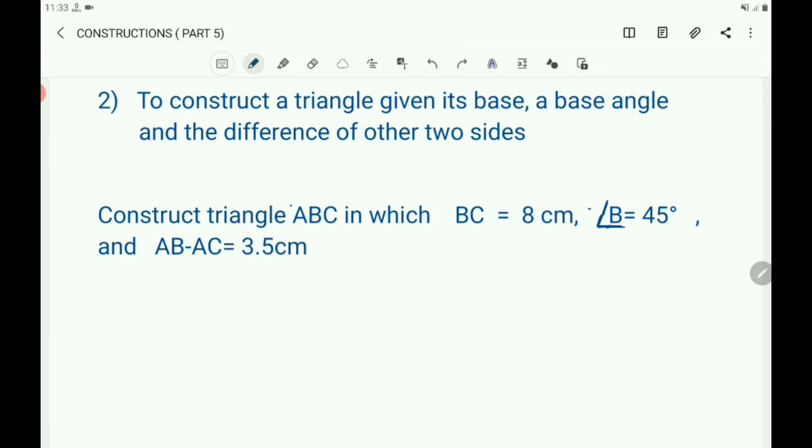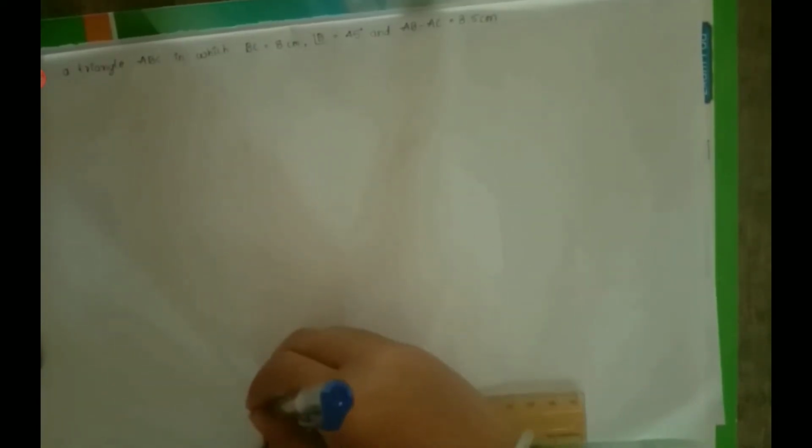Let us observe the construction made here. In the first step, draw the baseline of given length, that is BC of 8 centimeter. Name it. It is a line BC of length 8 centimeter.